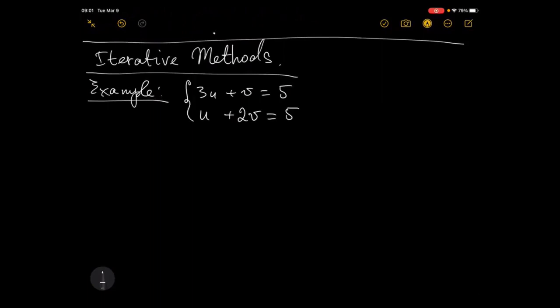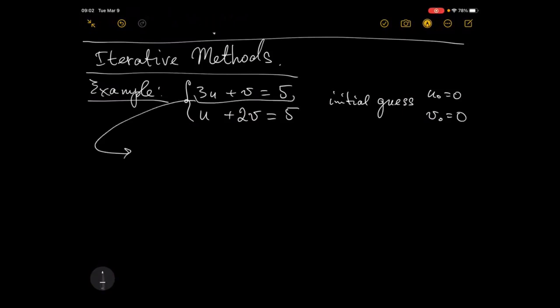Now, let us consider an initial guess, which is u naught equal to 0 and v naught equal to 0. Now, what can we do? Let us use the first equation to express u, and let us use the second equation to express v.